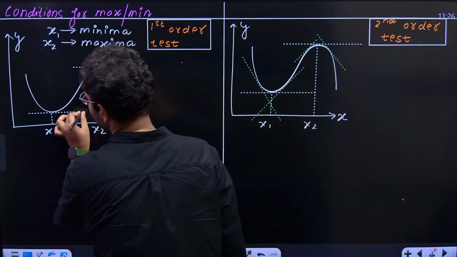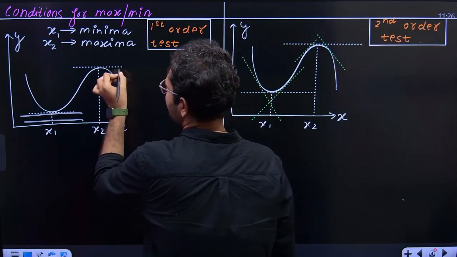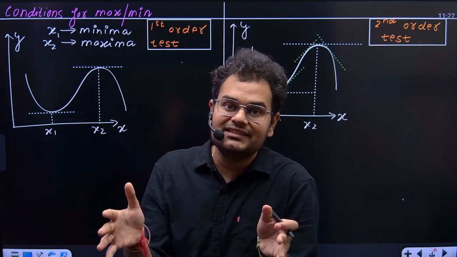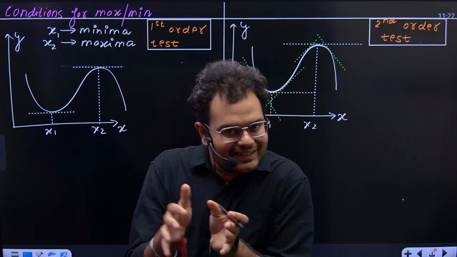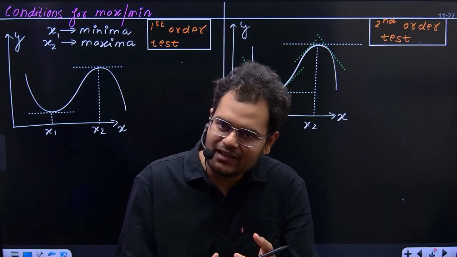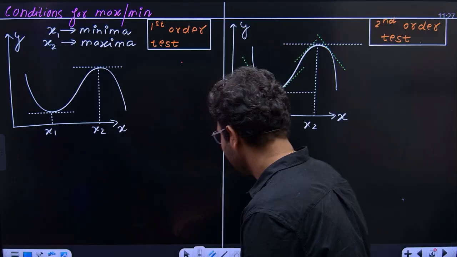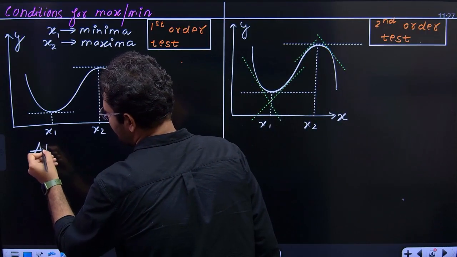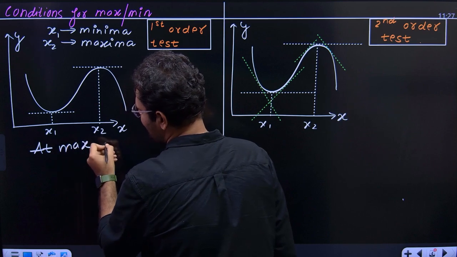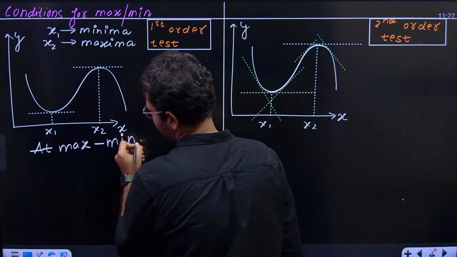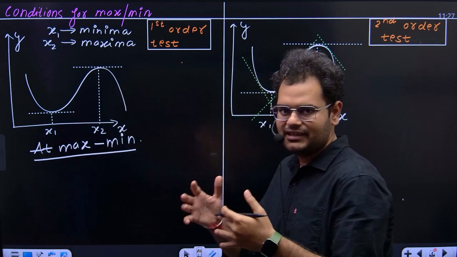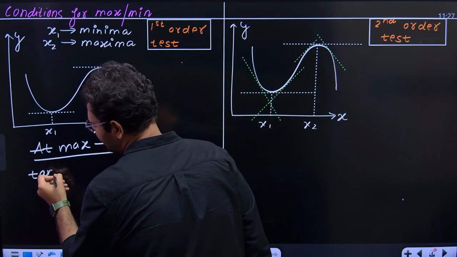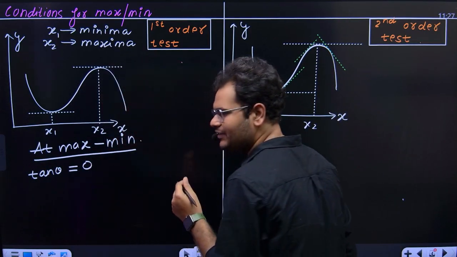See, at minima my tangent is parallel to x-axis, at maxima my tangent is parallel to x-axis. If tangent is parallel to x-axis, that means slope is tan 0, because it will make 0 angle with the x-axis, right? So that means I can say that at maxima and minima, it is like for both the condition is true, what I will say is tan theta is equal to 0, that we can see.